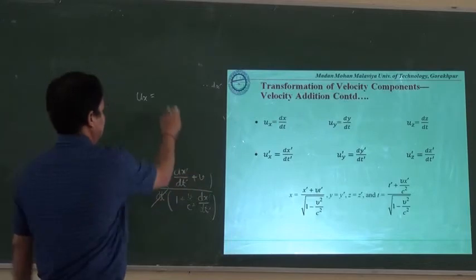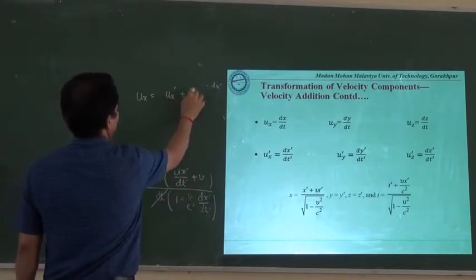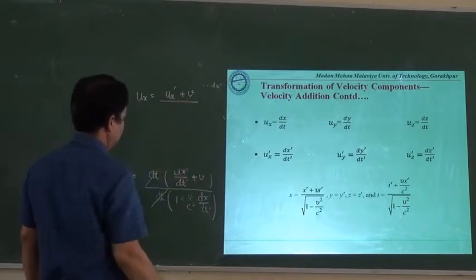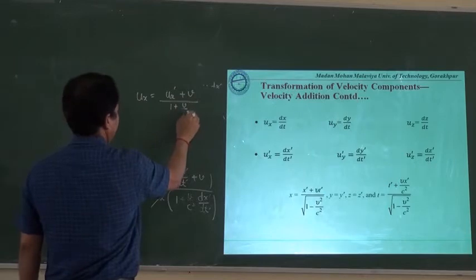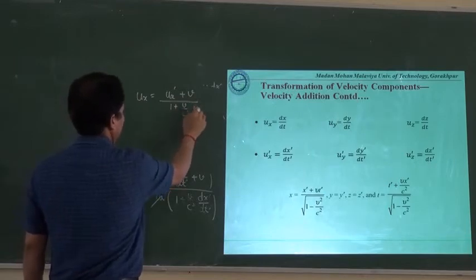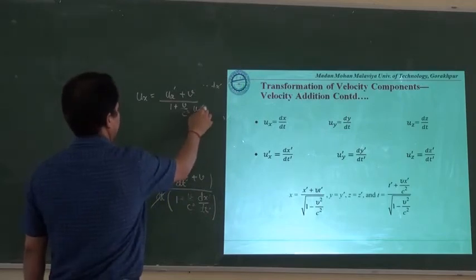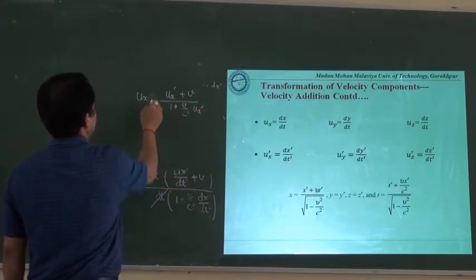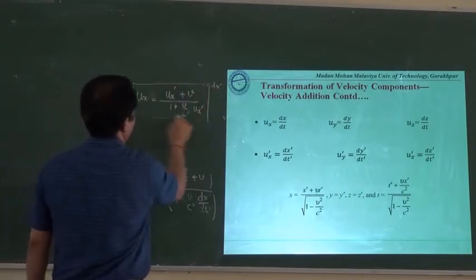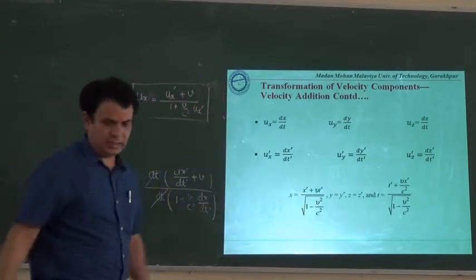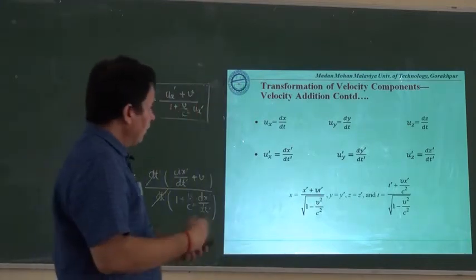In place of this we can write ux dash plus v, divided by the quantity 1 plus v upon c square times ux dash, again because dx dash upon dt dash is ux dash. So this will be the transformation of the velocity component in the x direction.